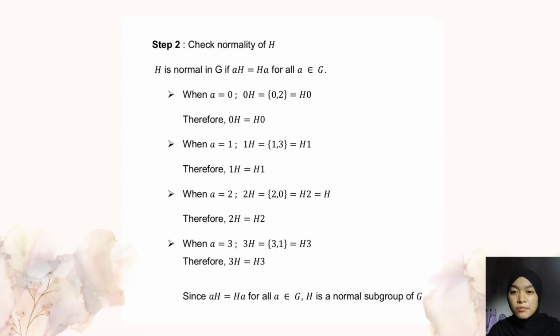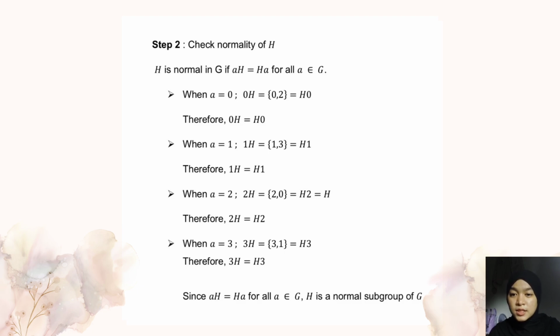Okay, the second step is by checking the normality of H. To prove that H is a normal subgroup, we need to verify that aH equal to Ha for all a in G. For each a, when a equal to 0, for left coset, 0H equal to 0 plus 0, 0 plus 2 equal to {0, 2}. While the right coset is H0 is equal to 0 plus 0, 2 plus 0 equal to {0, 2}.